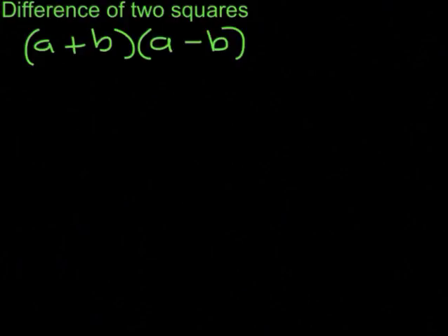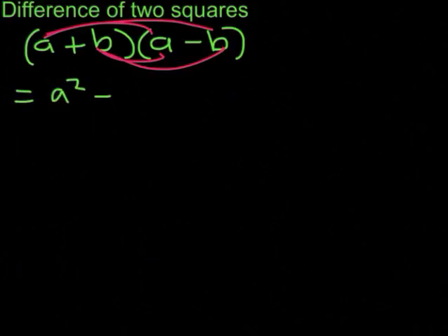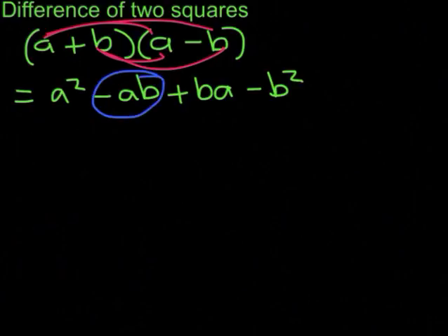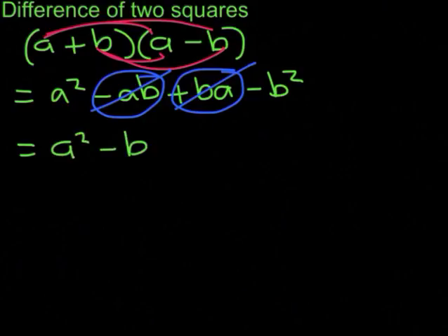If we apply the distributive law again to these brackets, we'll get a squared minus ab plus ba minus b squared. Looking carefully at these two terms, the minus ab and the plus ba are going to cancel one another out. So all we're left with in the end is a squared minus b squared.